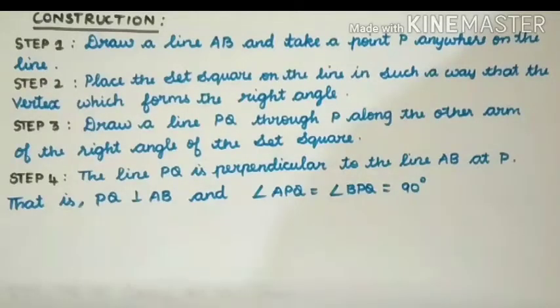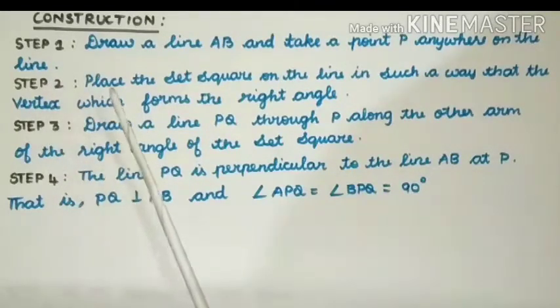After constructing the perpendicular lines, you have to write the construction on the left hand side of your notebook using a pencil. Students, see, step 1 is draw a line AB and take a point P anywhere on the line.